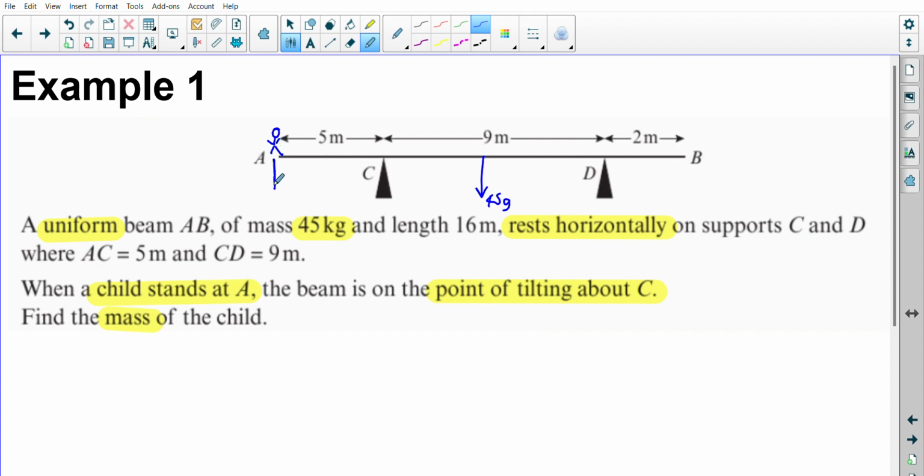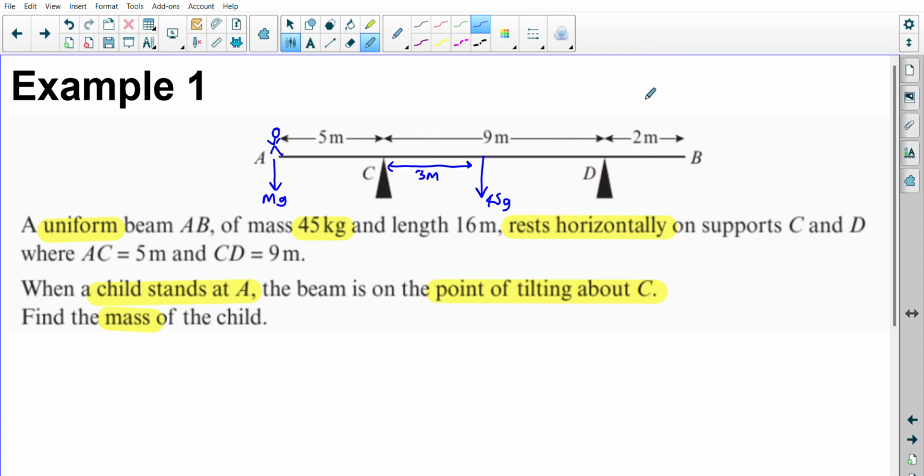And they're going to have a mass. Now, I'm thinking about my dimensions here. If that's the midpoint of 16, this is 8, so this will be 3 if I need it. And if this is 8, well, that will be 6 if I need it, okay?